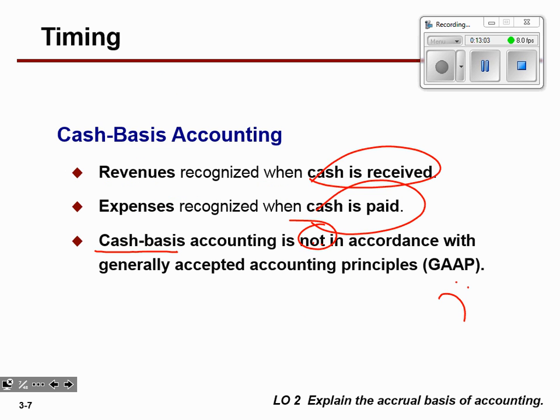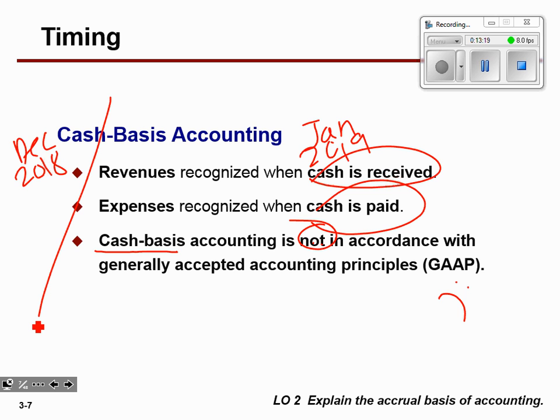I mean, if I'm cutting hair and I had a haircut happen in December of 2018, if I wait until my customer pays me, then it's not going to look like I cut the hair until January of 2019. I'm not saying cash basis is wrong. It's just, I think, less accurate. Did that person cut hair in January of 2019? No, that's when they got the money.